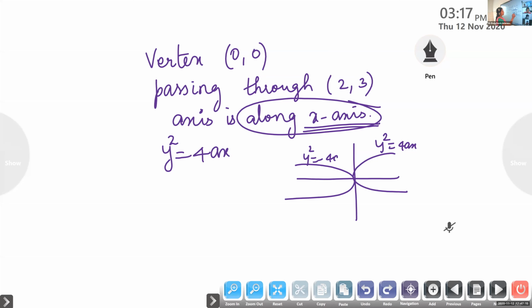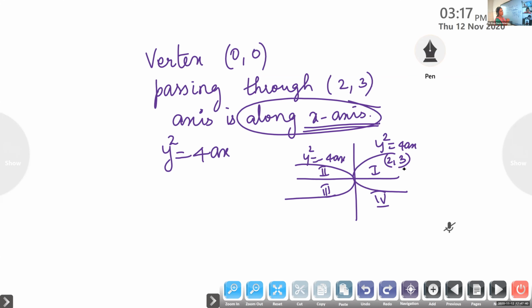Now look at the point here, it is 2, 3. In which quadrant does it lie? Is it in the first quadrant, second, third or fourth? Both the coordinates are positive, so 2, 3 lies in the first quadrant, not in the others.